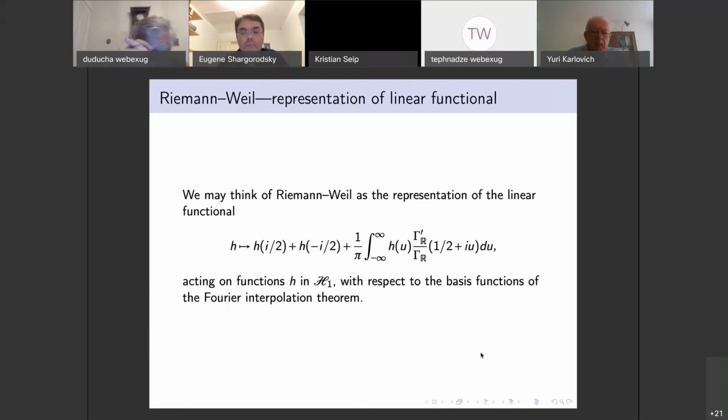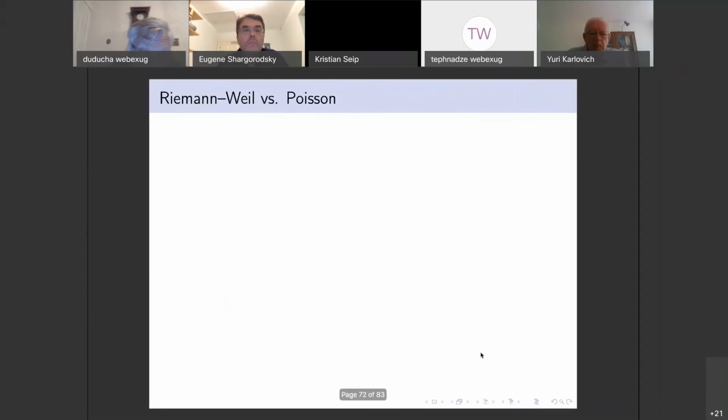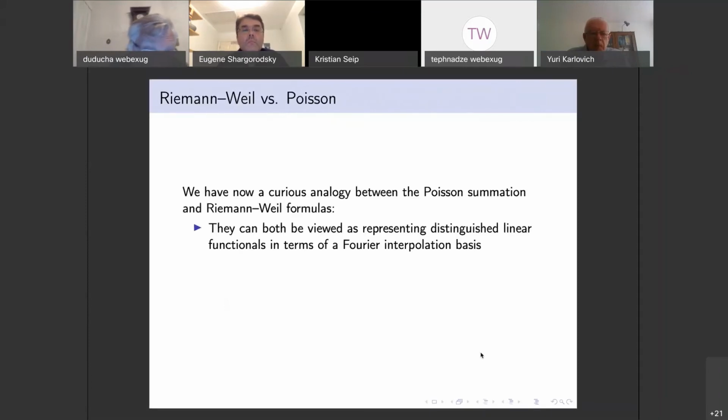So this is, of course, a nice functional on the space H1. And the Riemann-Weil formula then drops out as the representation of this linear functional with respect to the basis functions of our Fourier interpolation theorem. In a similar way as, it comes on the next slide, in a similar way as we could see Poisson summation as sitting inside the Radchenko and Viazovska theorem, you can think of the Riemann-Weil formula as sitting inside of this Fourier interpolation formula that we found.